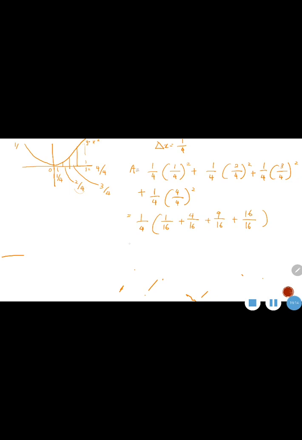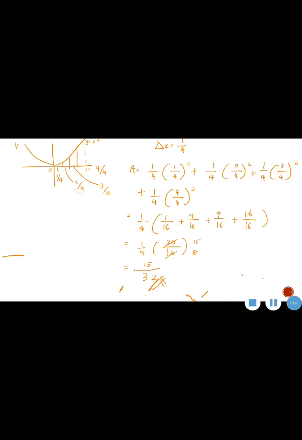Okay, which you should get 1 over 4 times 30 over 16, which can be simplified, 15 and 8, and you should get 15 over 32. So this is the final answer for example 3.1.